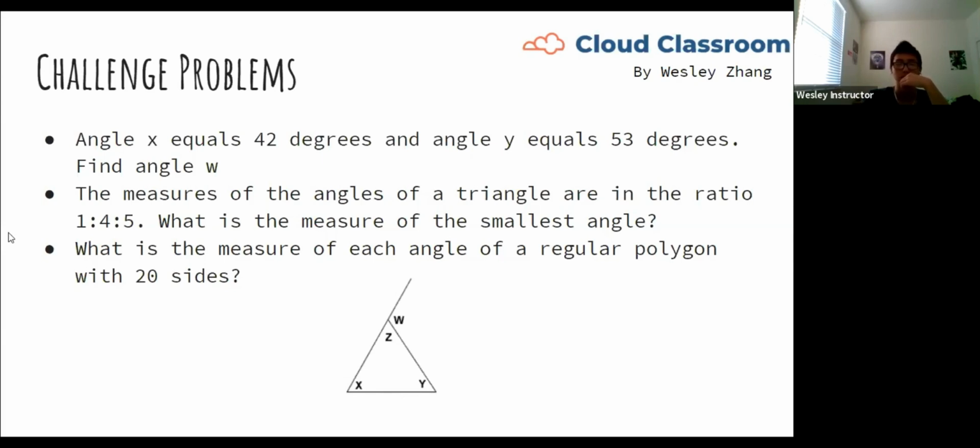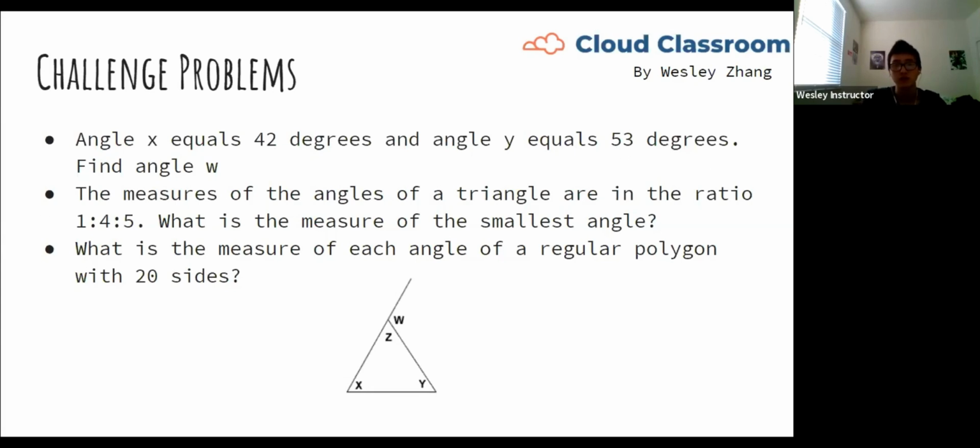All right, type your last answers into the chat. I'm going to go over them right now. Angle X equals 42 degrees and angle Y equals 53 degrees.